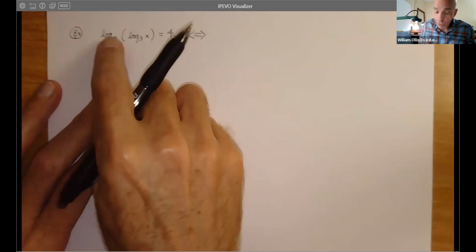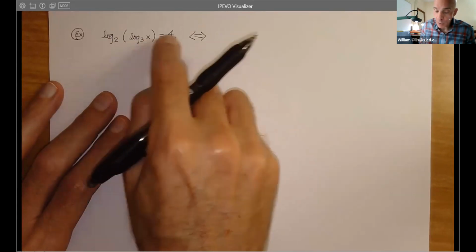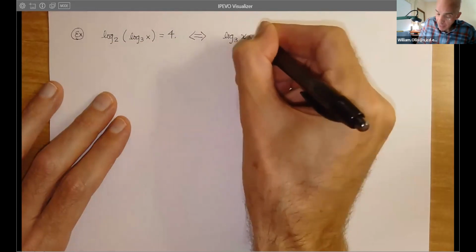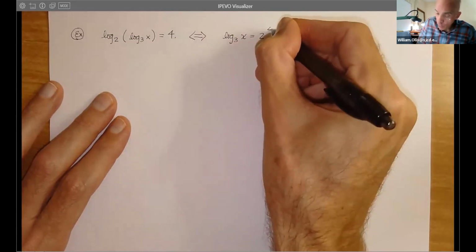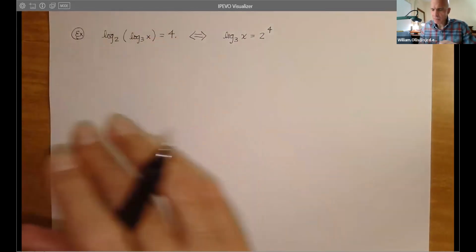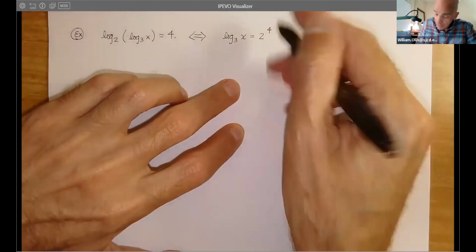So the power of 2 that equals the base 3 logarithm of x is 4. So the base 3 logarithm of x equals 2 to the 4th power. And we're thinking, well, interesting. Okay, so 2 to the 4th is 16, right?